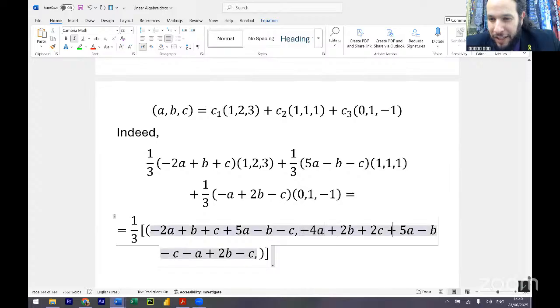Minus 4a plus 5a is a, minus a, the a is canceled out. Next, 2b minus b is b, plus 2b, 3b, who would have thought? And lastly, 2c minus c minus c, dear Lord, it worked.